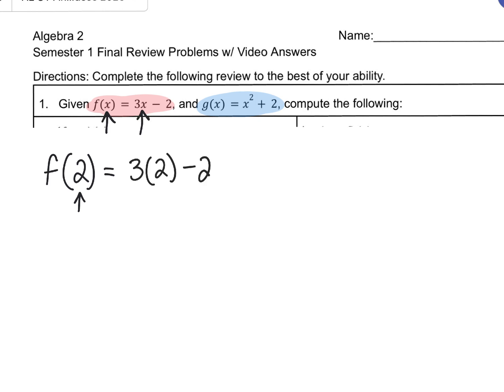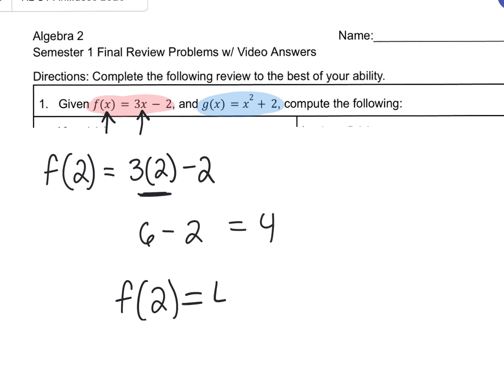Just like this. I'm plugging that 2 in for x. Then from there, I would just simplify it. So what is 3 times 2 minus 2? Well, we use our order of operations. We know we've got to do 3 times 2 first, which is 6, minus 2 gives me 4. So my answer would be f of 2 equals 4.